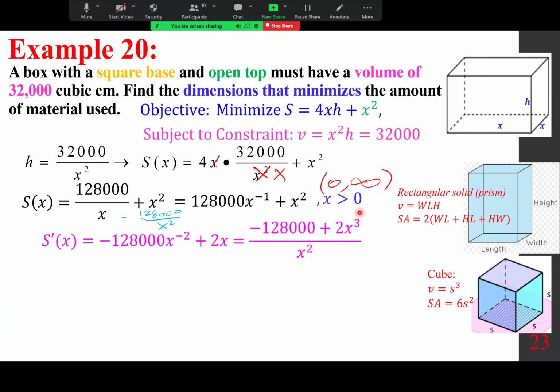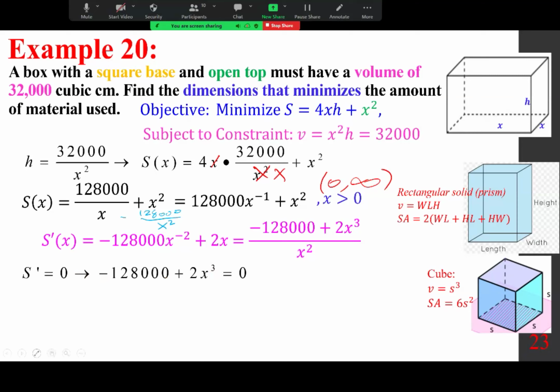Please understand, if you divide this, you get 2x. Now, here's your critical point. It's 0 when the top is 0, and it's undefined or doesn't exist when the bottom is 0. The bottom is 0 when x equals 0, which is not part of the domain. So let's work on this.